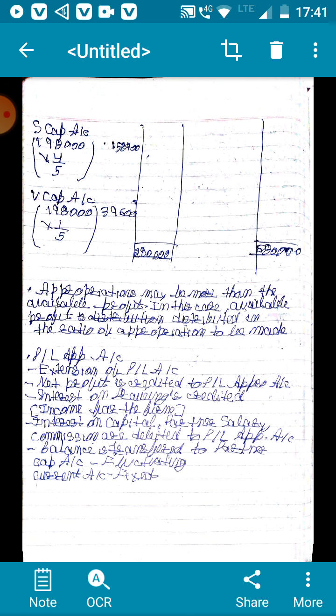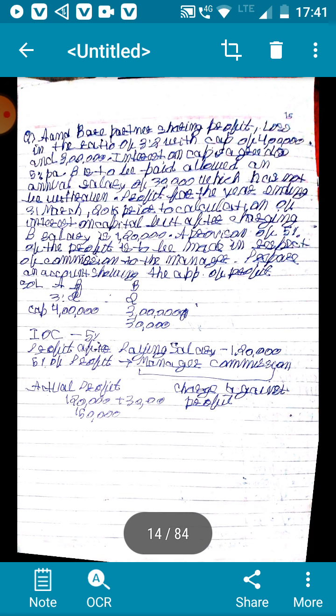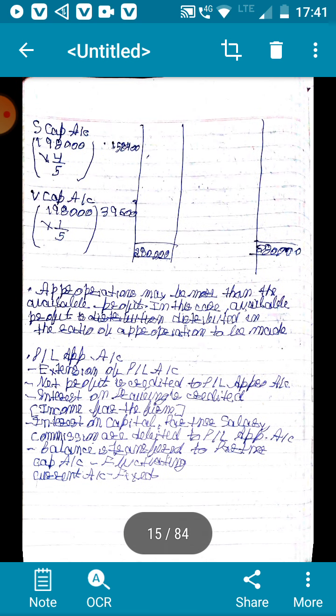Next, the point: availability may be more than available profit.